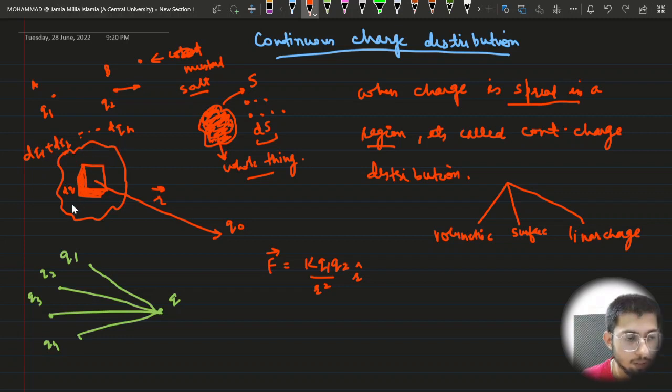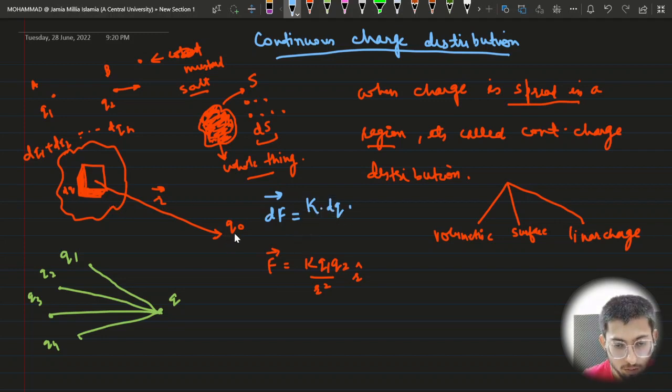So we find the force due to each dq, which is called df, a very small force, because each dq is small and will exert a small force df. And that is the same formula, k q1 q2. So k, what is q1? dq.